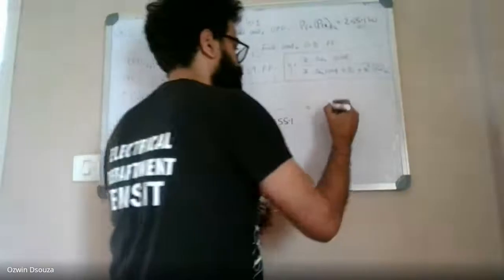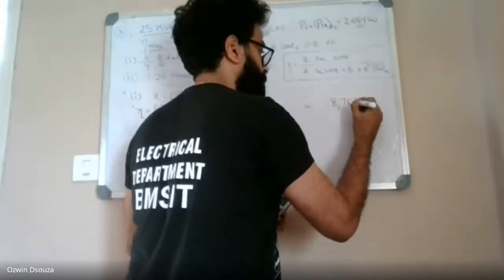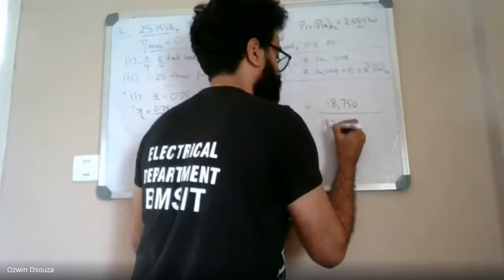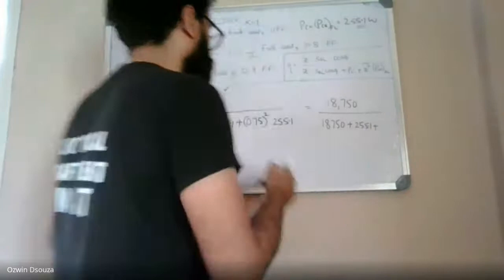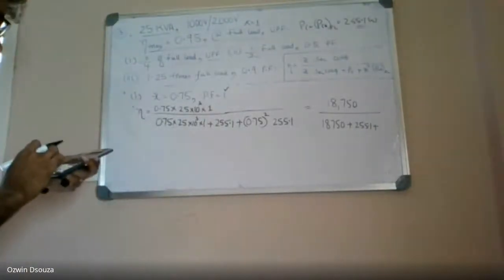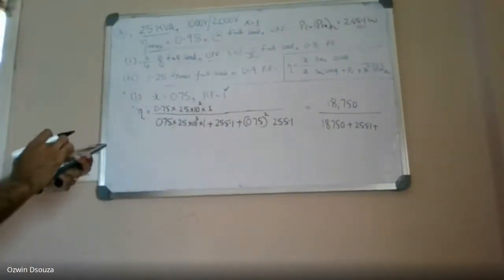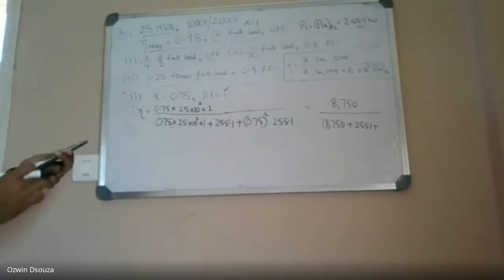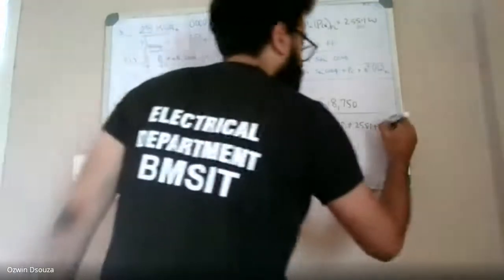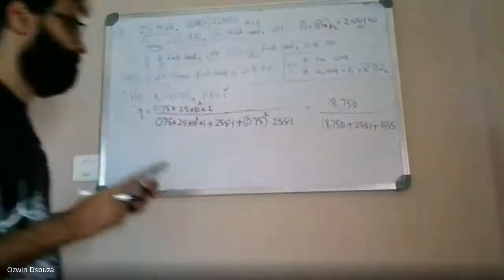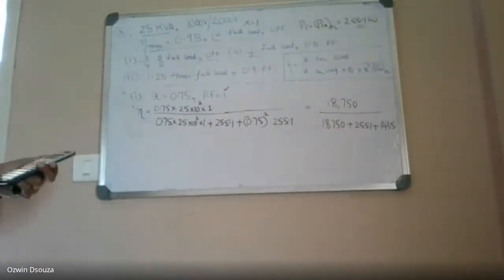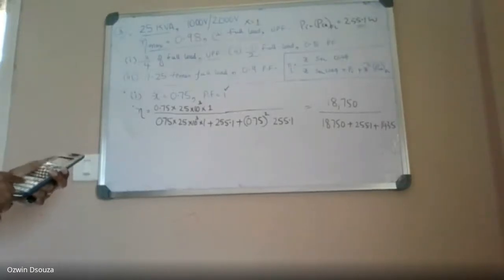So that is 18,750 divided by 18,750 plus 255.1 plus 0.75 squared times 143.5.